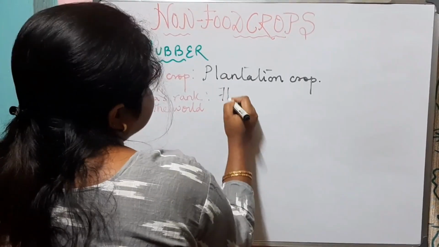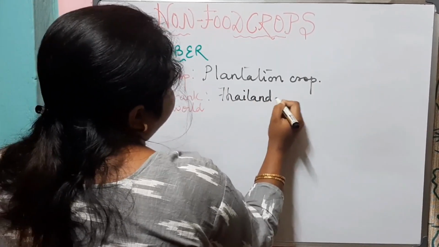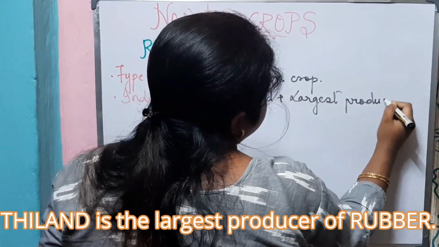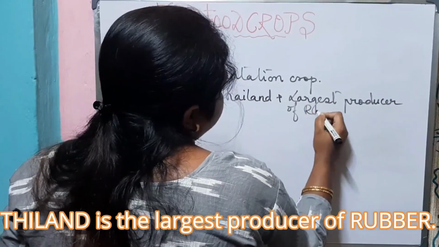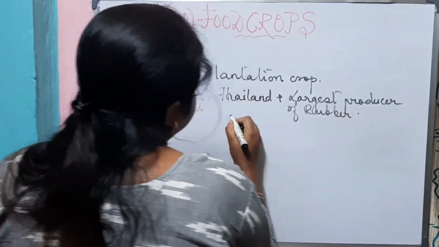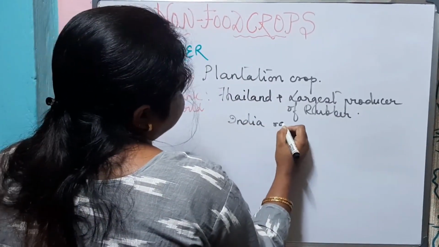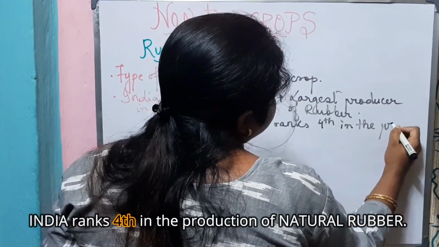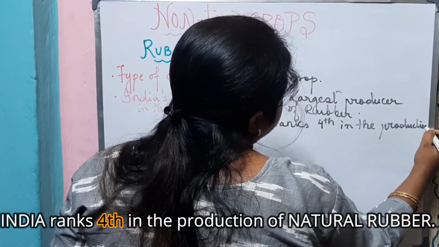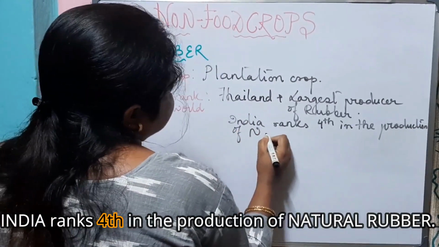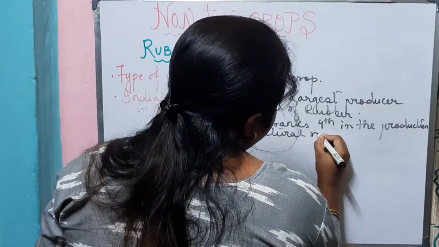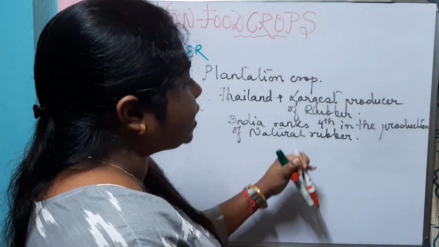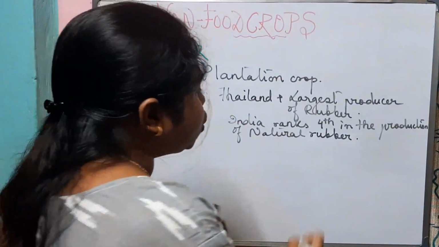Thailand is the largest producer of rubber and India ranks fourth in the production of natural rubber.